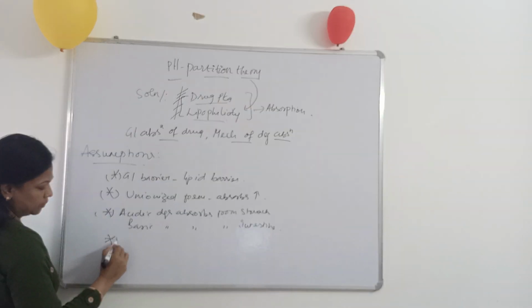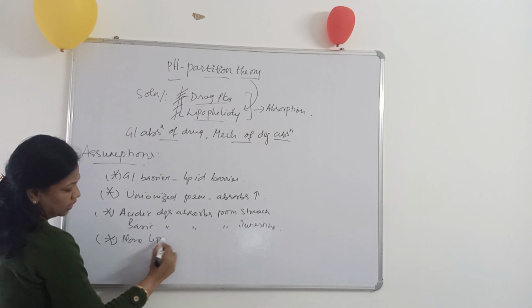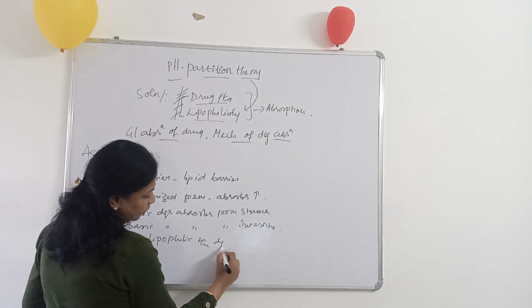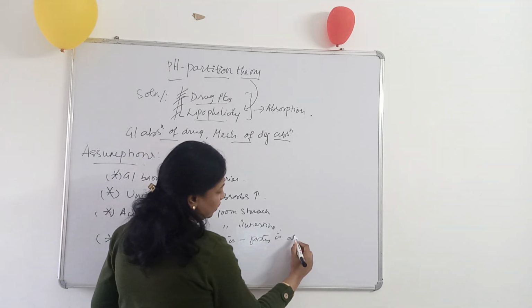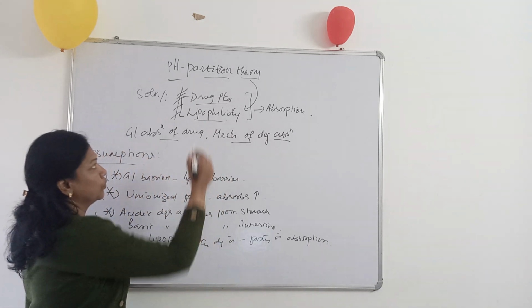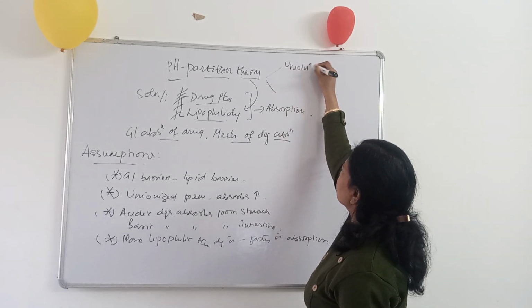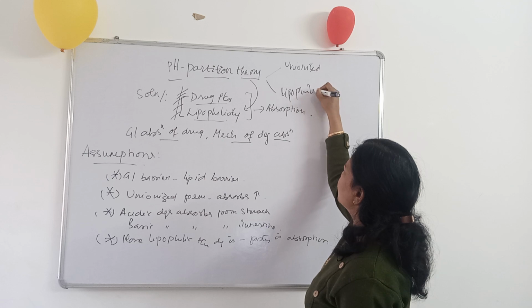And the last assumption is that the more lipophilic the drug is, the faster is absorption. So according to the pH partition theory, mostly unionized drug as well as lipophilic drug absorbs more.